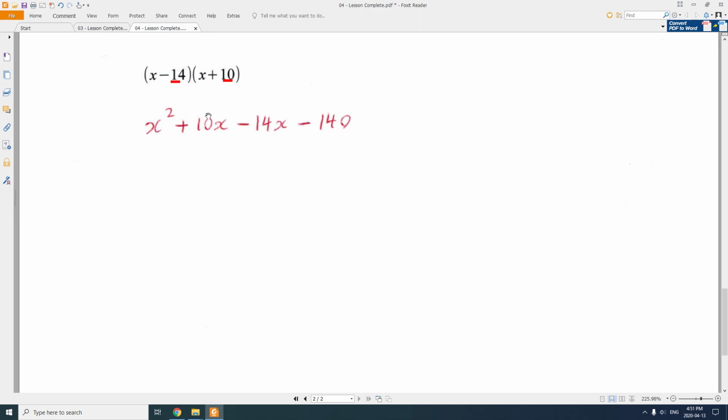And last terms, negative 14 times 10 is negative 140. And we do have our two like terms in the middle here we can join. So 10x minus 14x is a negative 4x. And we've multiplied the brackets out. We've expanded it. We are now in standard form instead of factored form.